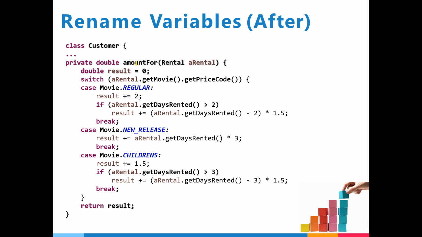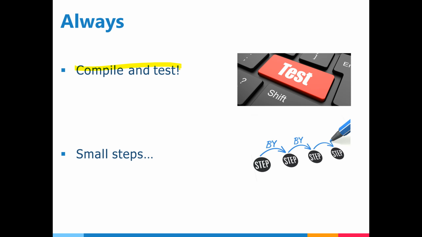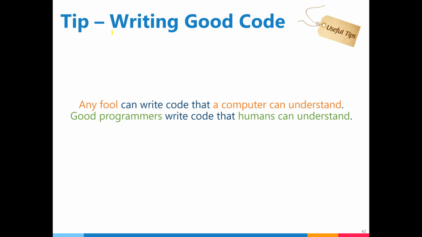Okay, we are now moving a little bit away from the slides, and they use a rental, a result. Also, result is not making me happy, because when I'm reading, what is the result? Is it price? Is it frequent renter points? Or what is this? So we compile and test. We did small steps, right? So let's learn one more tip for writing good code. Any fool can write code that a computer can understand.